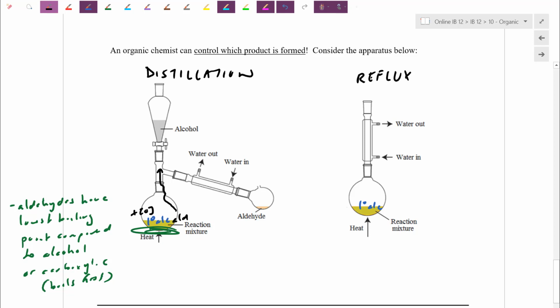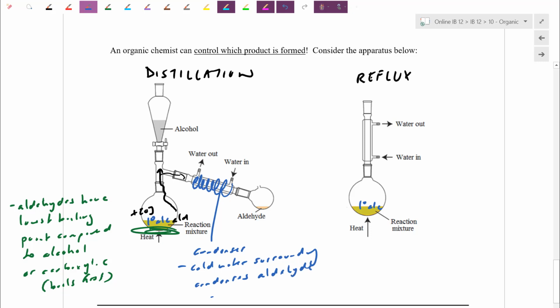As this aldehyde gas leaves the container, I don't let it just go into an open system. I actually shunt it down this side here. And what I do is I run cold water around the outside. This guy here is called the condenser. The cold water surrounding the condenser condenses the aldehyde gas back into liquid, to make it easier to store.